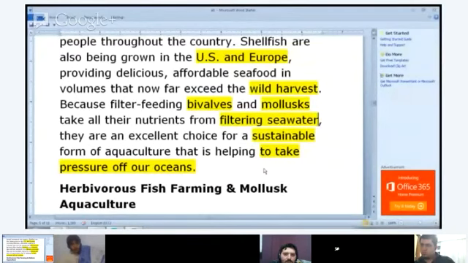They feed themselves. They filter their own food from the ocean. And so farming shellfish is an excellent choice for a kind of sustainable aquaculture. That's the idea.